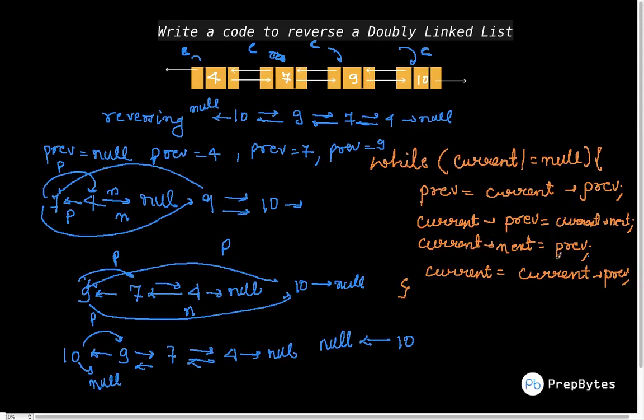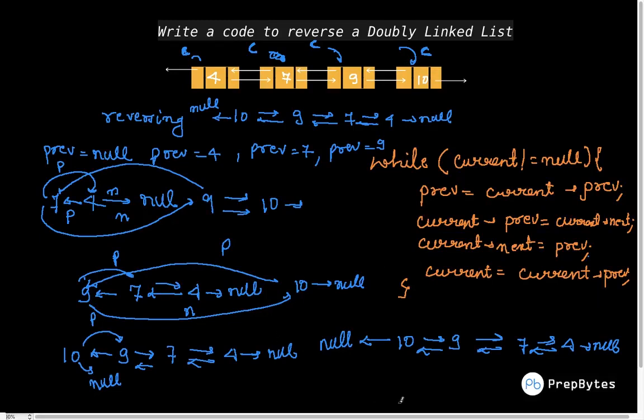Current next equal to prev, so the next of 10 is 9, and we already had this. As you can see, our list has been updated. Now our current becomes current prev, which is null. This is how my list has changed.